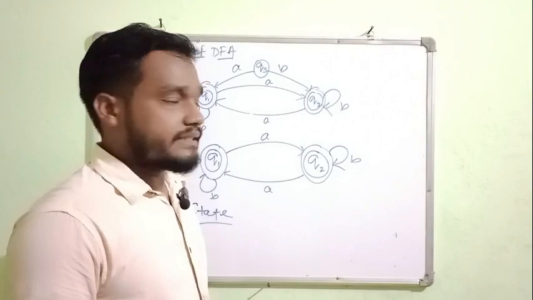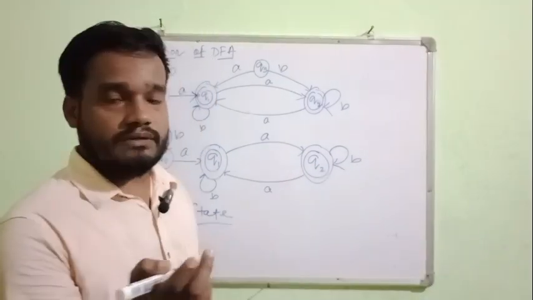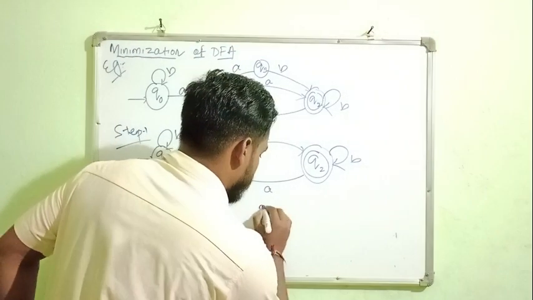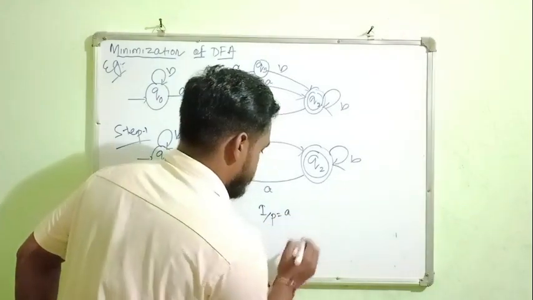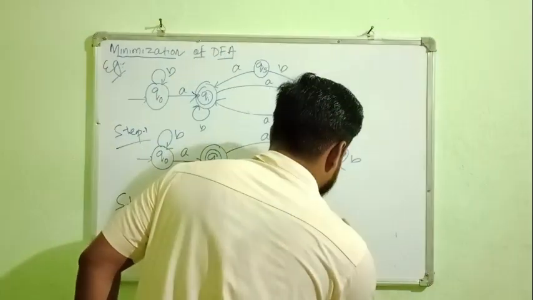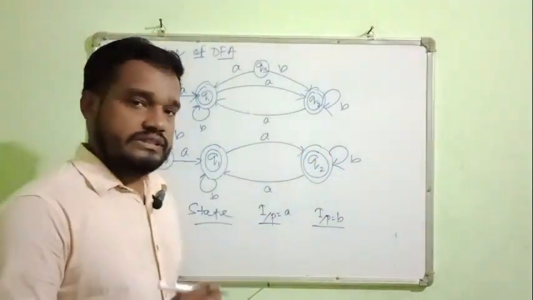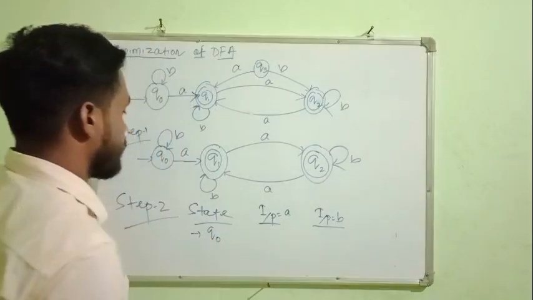How many symbols are here? That is A and B. So for two symbols we create two columns, input A and input B. Simply, we write the initial state, that is Q0.